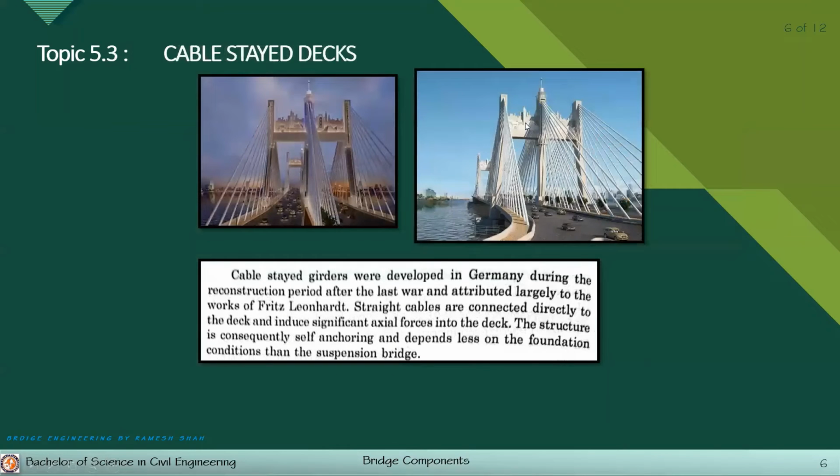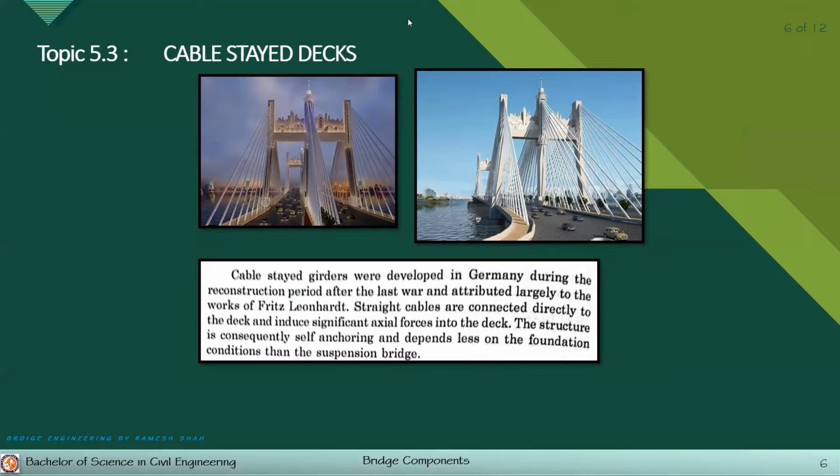Next is the cable stayed decks. So cable stayed girders were developed in Germany during the reconstruction period after the last war and attributed largely to the works of Fritz Leonhardt.